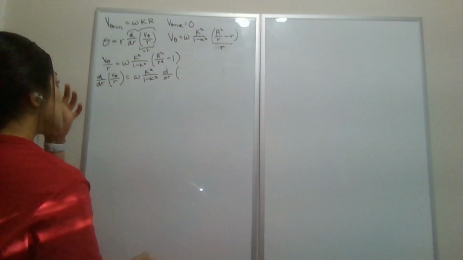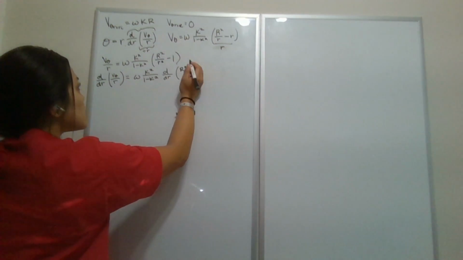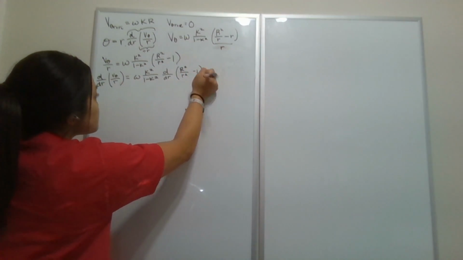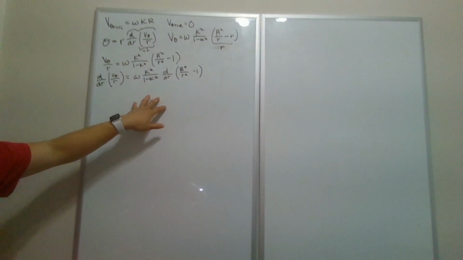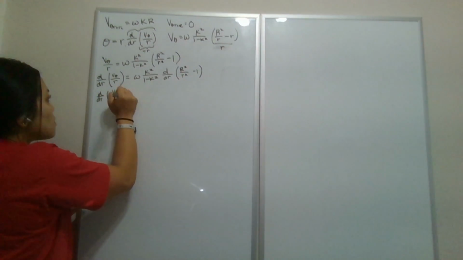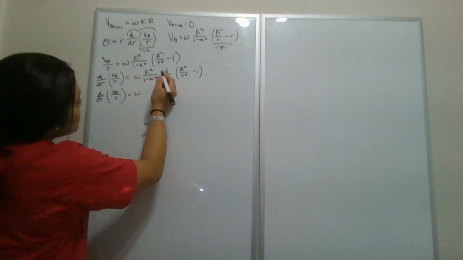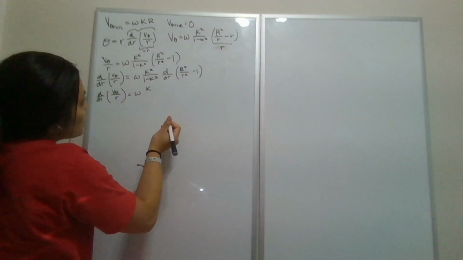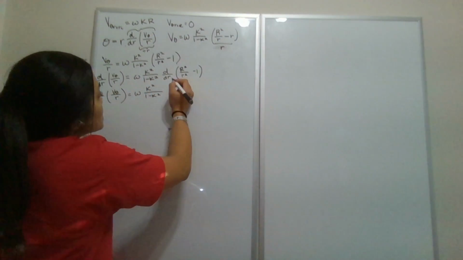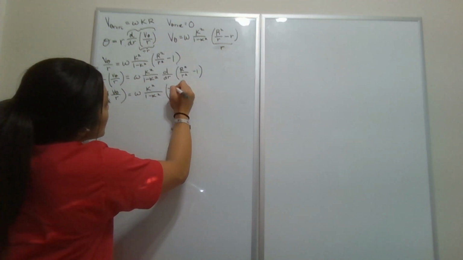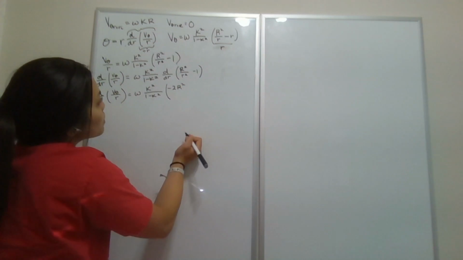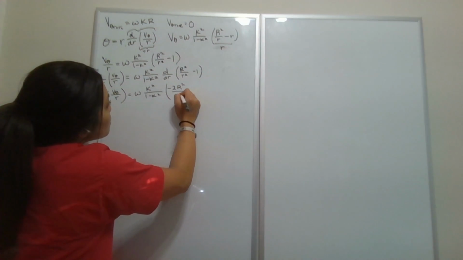So that's going to be the derivative of the outer radius squared divided by the radius squared minus 1. So taking the derivative of that, we are left with the angular frequency times the proportion between inner and outer radii squared divided by 1 minus this proportion squared times the quantity of negative 2 times the outer radius squared divided by the radius cubed.